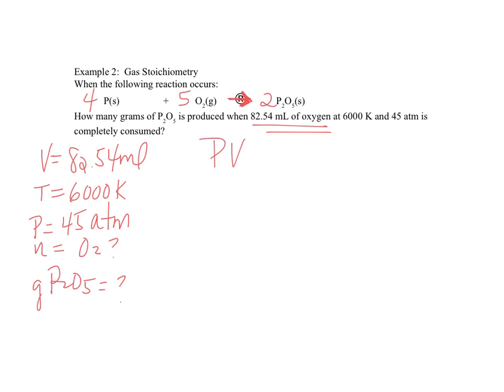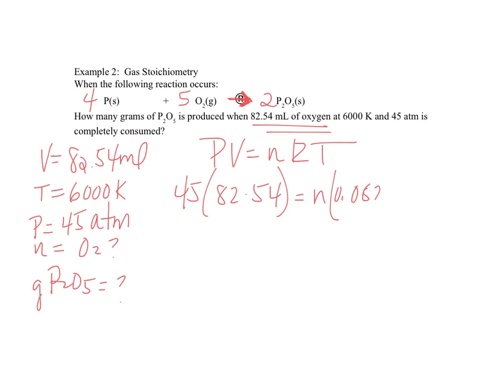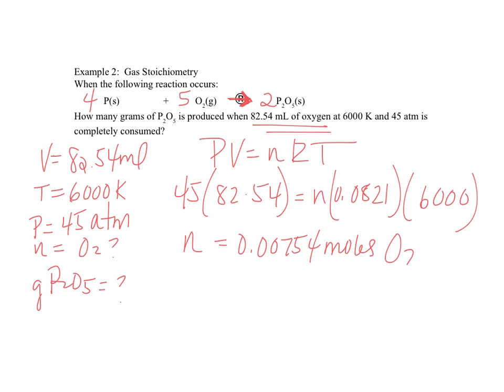So we're going to start with PV equals nRT, and our pressure is 45, our volume is 82.54. We don't know our n, our R is 0.0821, and our temperature is 6,000 Kelvin. So when we solve for n, we get 0.00754 moles of O2.